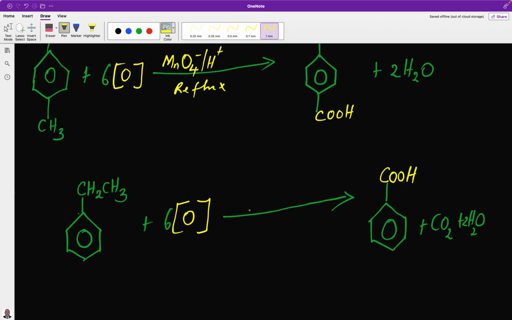Well, the same condition, under reflux. So you will look at this, and you will see that again.